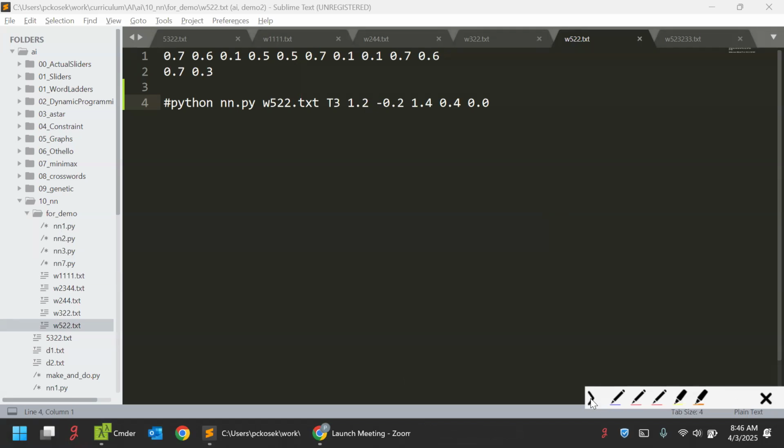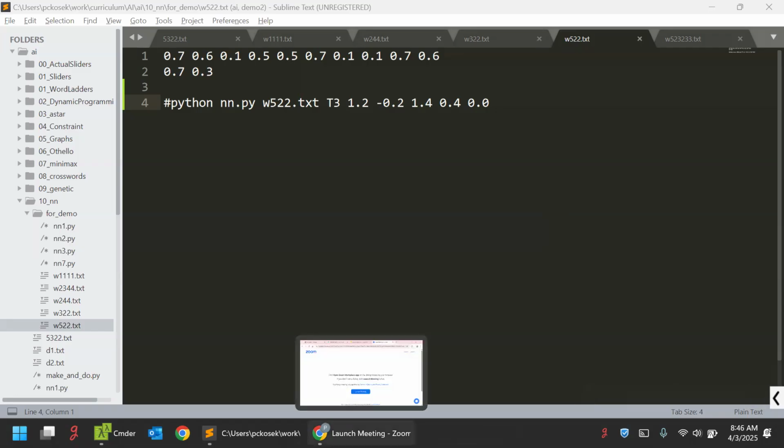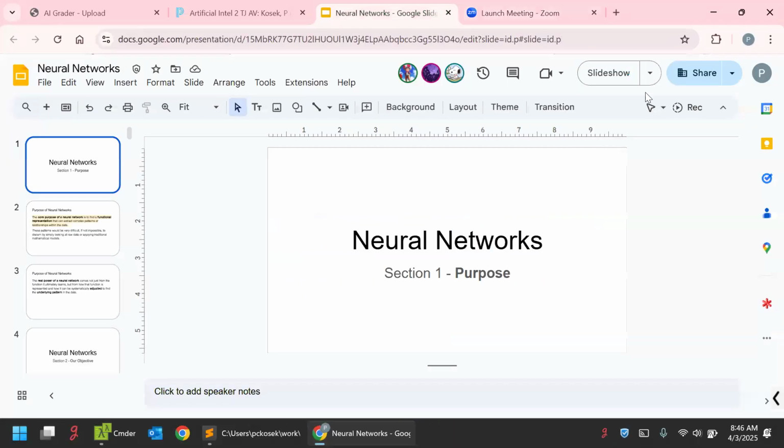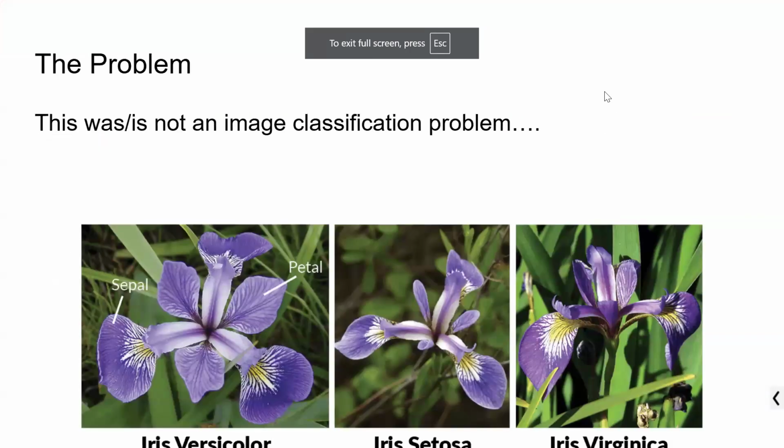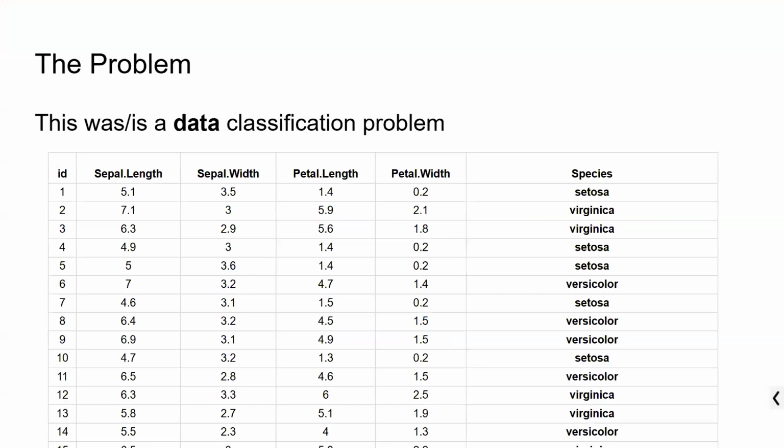So what I want to do just for a second is go back into the slideshow and do a momentary review of these things. First of all, we're talking about data classification. These networks are going to get input data. The input data we could expect for our network in this lab is basically going to be 4 arguments, or 2 arguments.